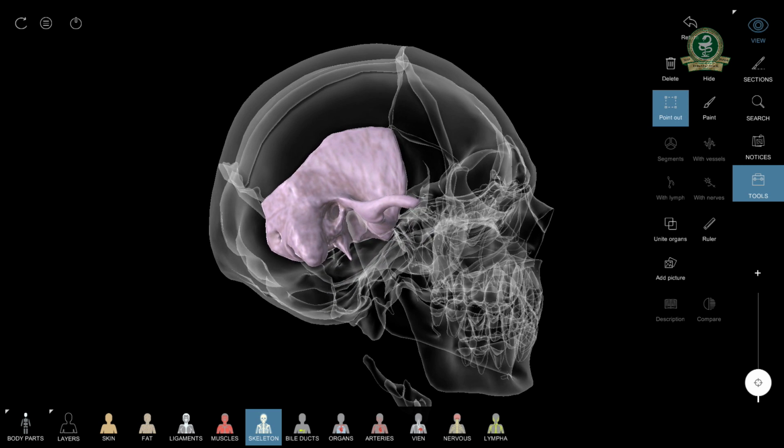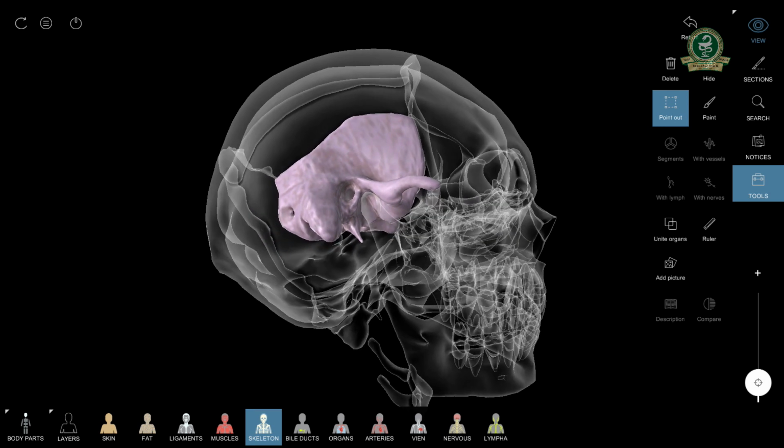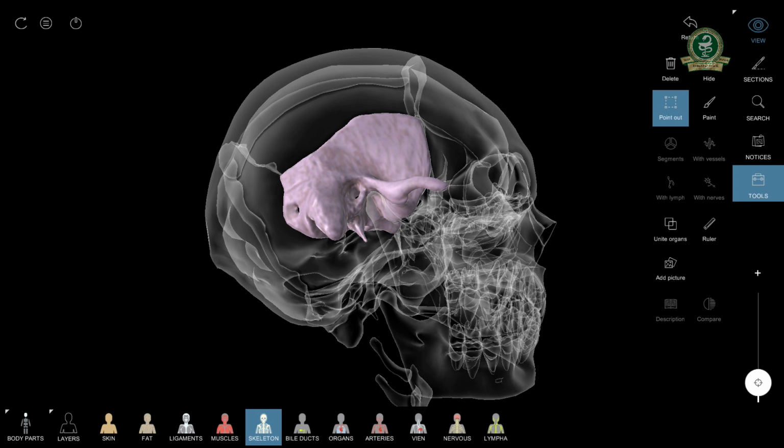And the mastoid process is a rounded projection of the mastoid portion of the temporal bone, and posterior to the external auditory meatus, it's a point of several neck muscle attachments. And the internal auditory meatus is the opening through which the facial nerve, cranial nerve 7, and the vestibular nerve, cranial nerve 8, pass.